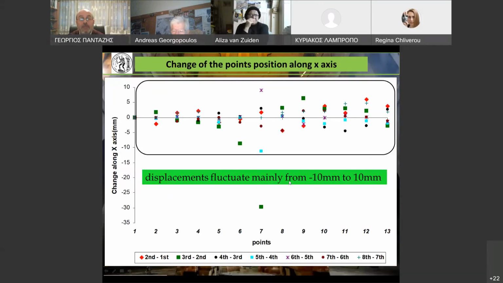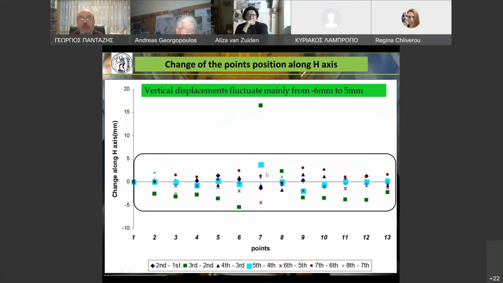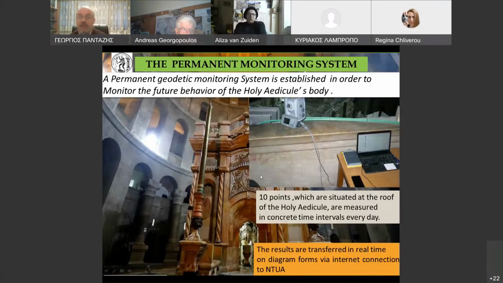In these diagrams, we can see the change of the point position along the X-axis. This displacement fluctuates mainly around 10 millimeters, and the displacement is 6 millimeters along the y-axis, and along the height axis. Okay, this is the first method in order to determine the displacements.